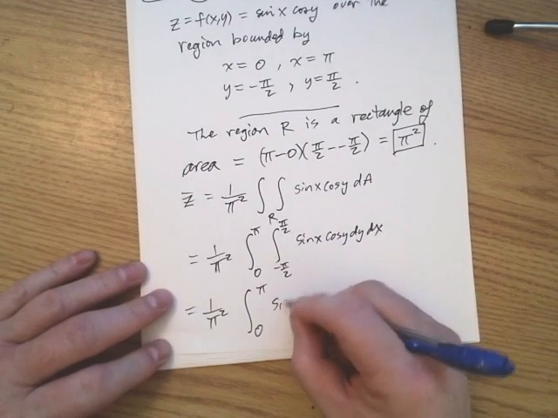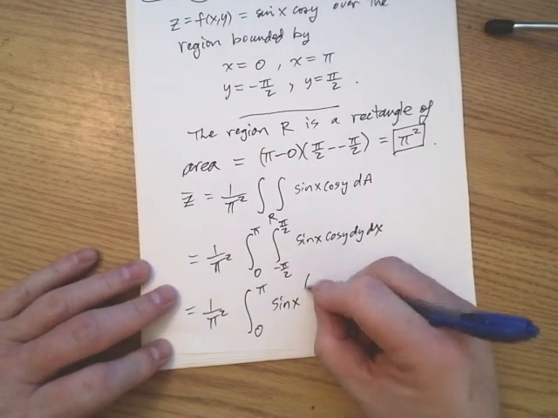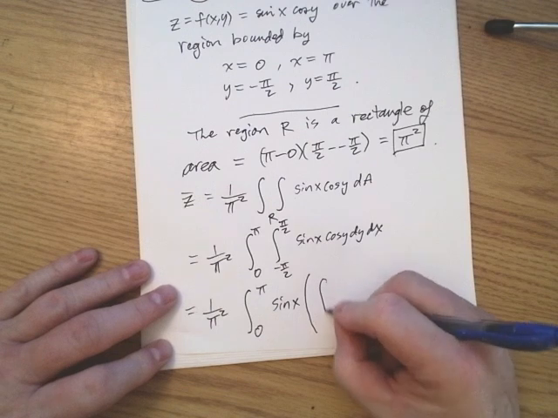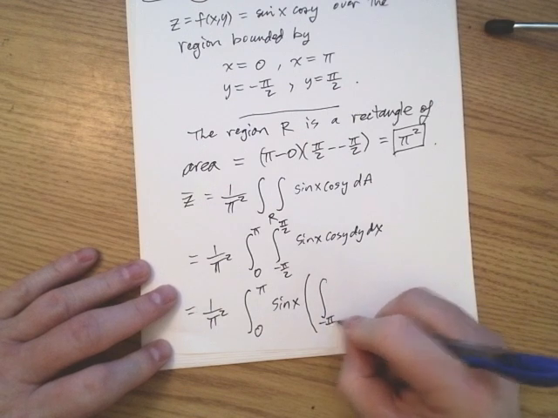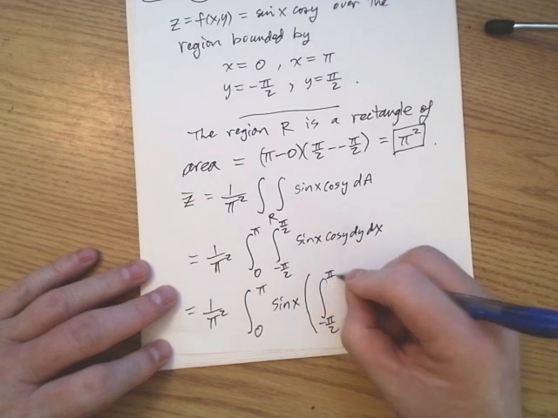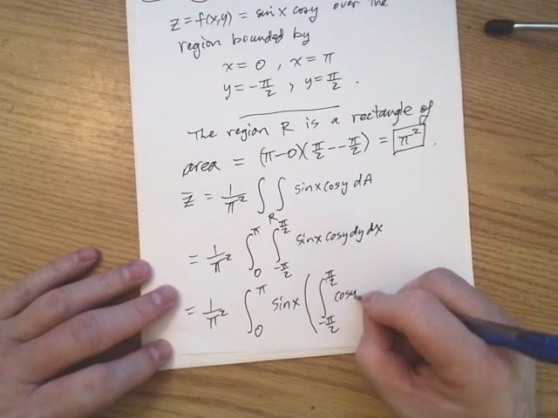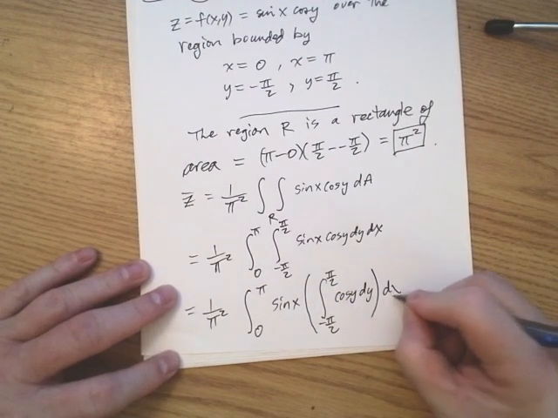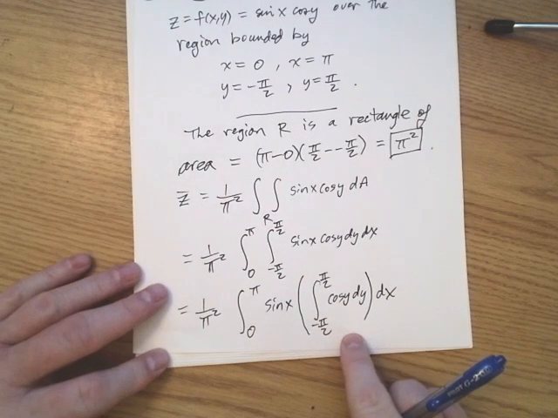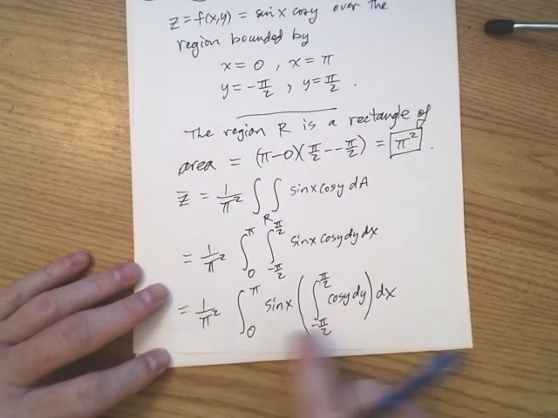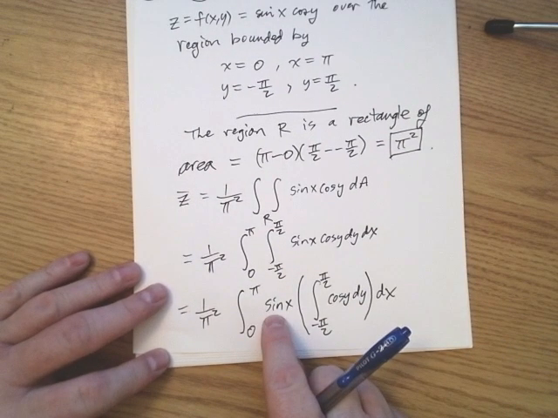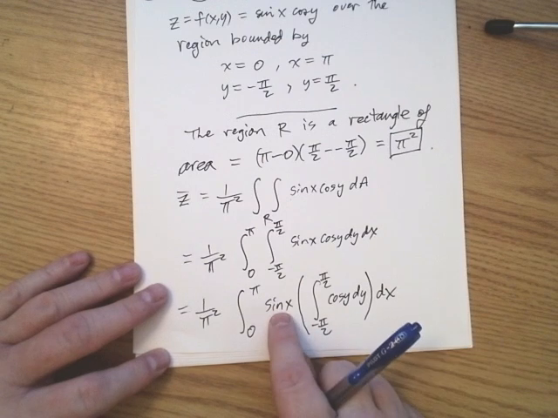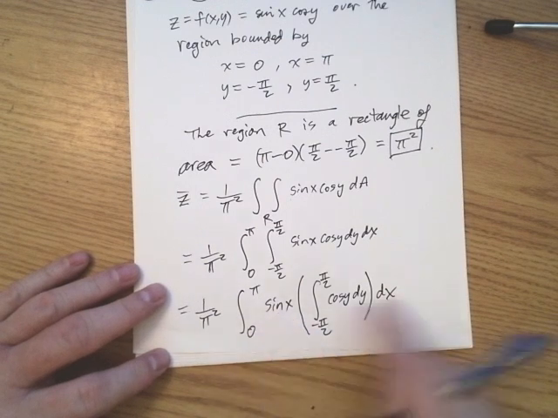Okay, I'll take that sine out, and I'll use parentheses here. On the inner integral, okay, so this is what we're looking at. And then once I get done with this thing, I would integrate that with this. Okay, I would have this as a factor multiplied on the sine of x, and then I would integrate with respect to x.